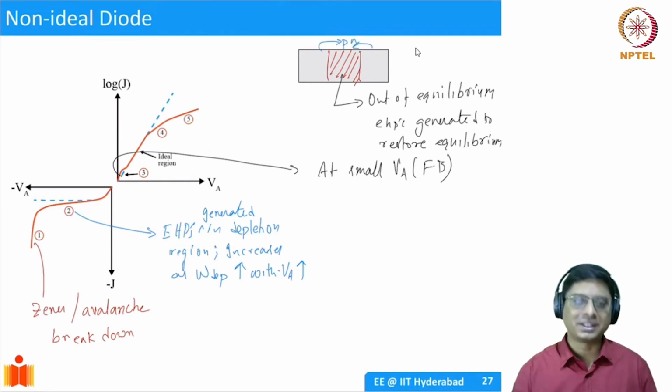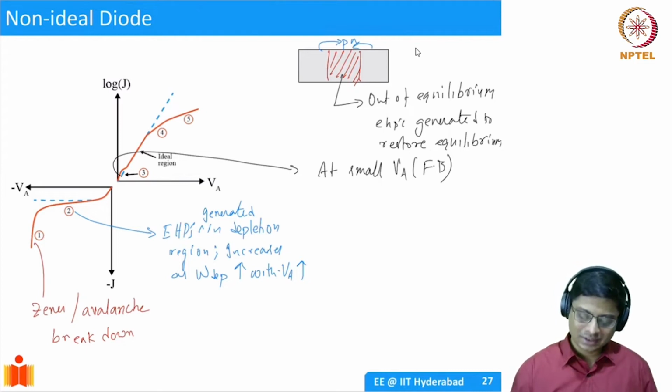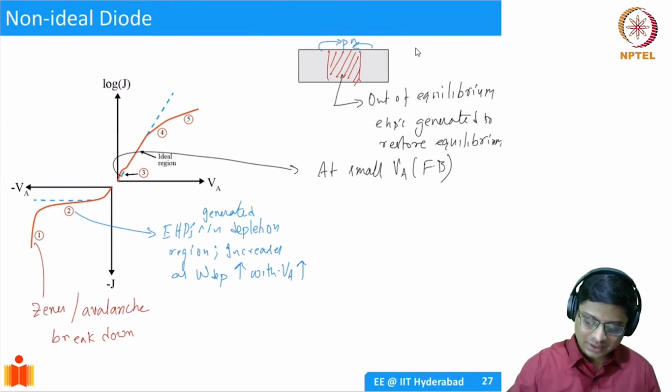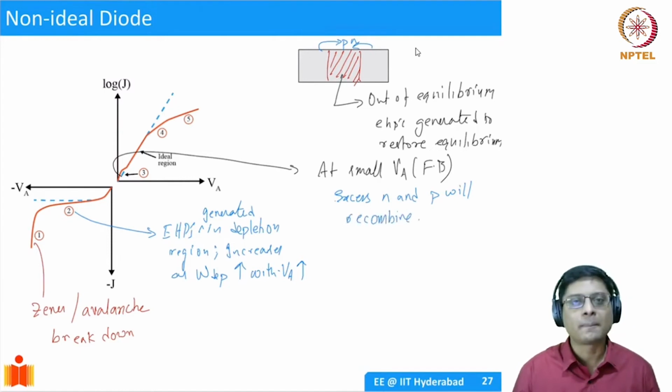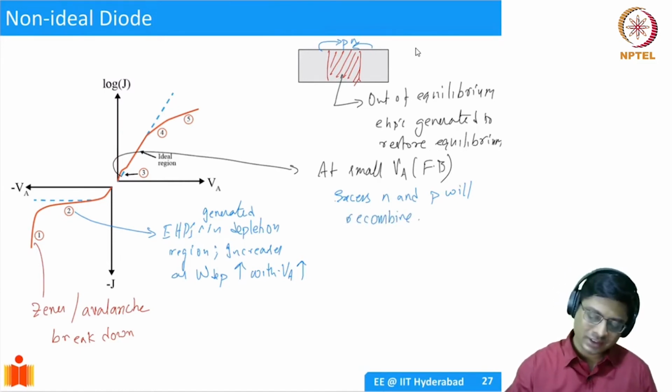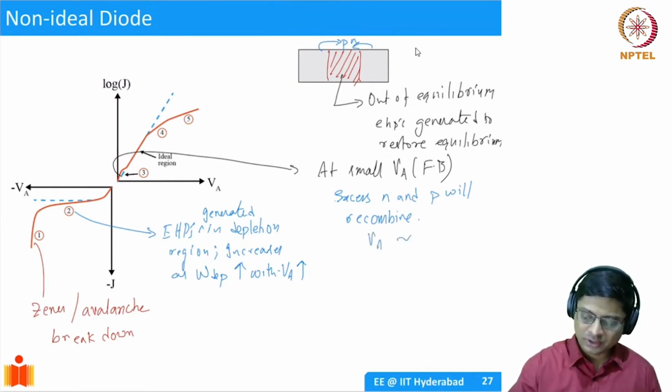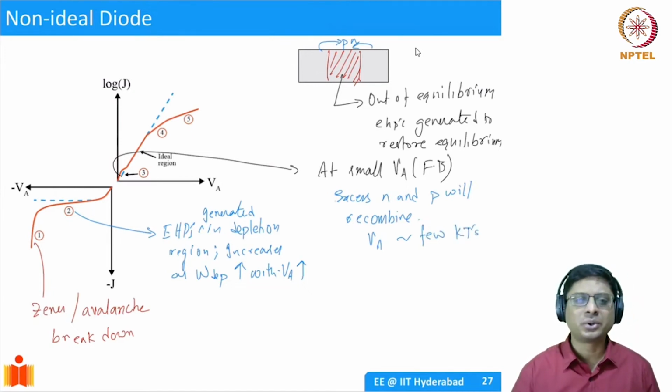So they're going to recombine. Excess n and p will recombine. But this effect is not very significant. It occurs at very, very small applied voltages of the order of a few kT. If you go to 100 millivolts or something, this is going to vanish.